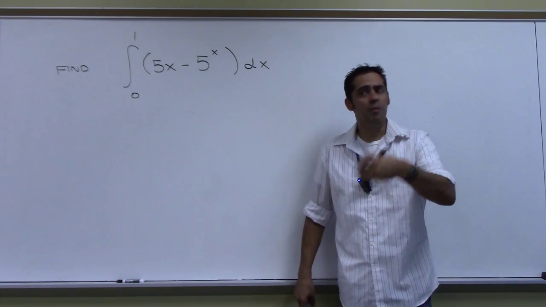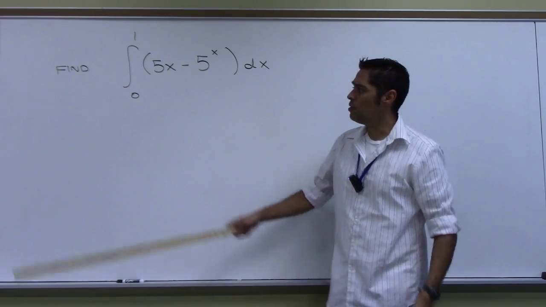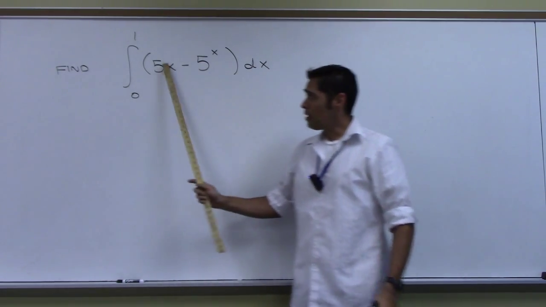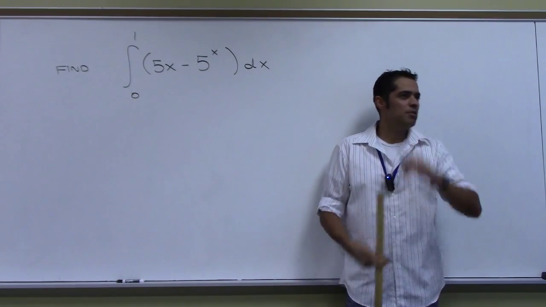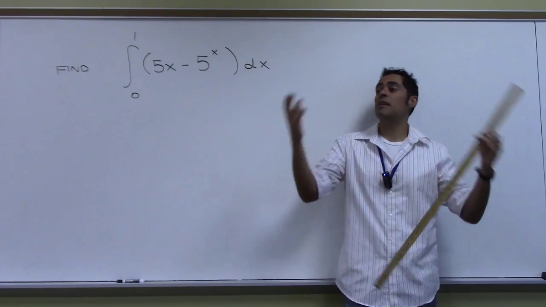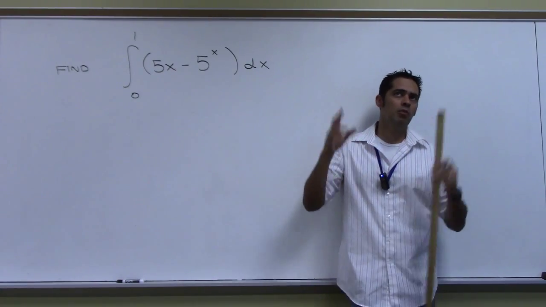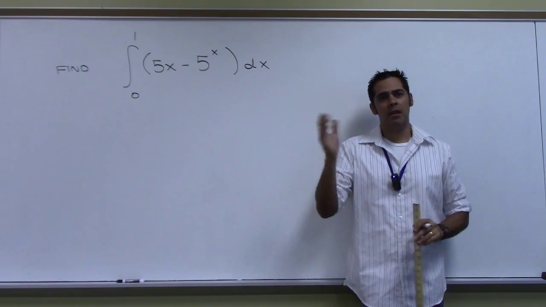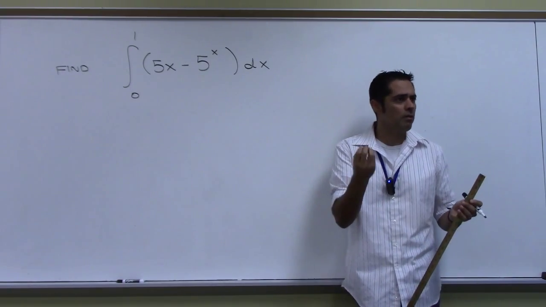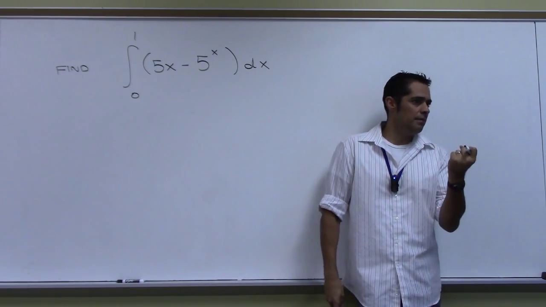Because we should get some numerical answer, as opposed to when these numbers weren't there, our answer had a plus c in it, right? Which meant that there was a whole family of functions, infinitely many functions that could qualify to be an antiderivative. But as soon as you put the numbers there, it becomes something completely different. It's a numerical value, and so it's definite.